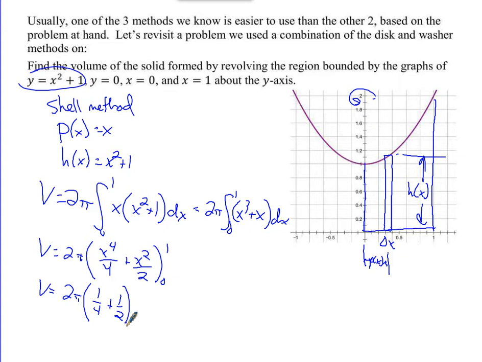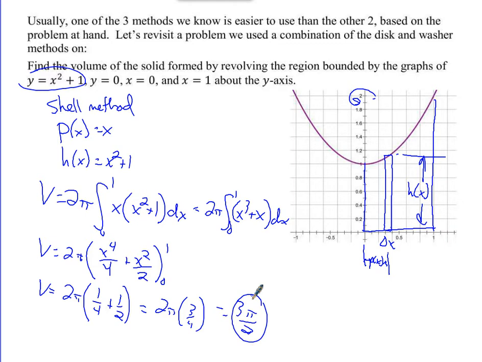So 1/4 plus 1/2 is 3/4. So we have 2 pi times 3/4, which becomes 3 pi over 2. Units cubed. And that's your answer.